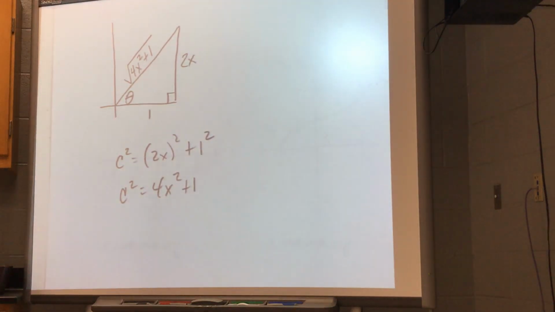So it looks like our hypotenuse is going to be the square root of 4x squared plus 1.